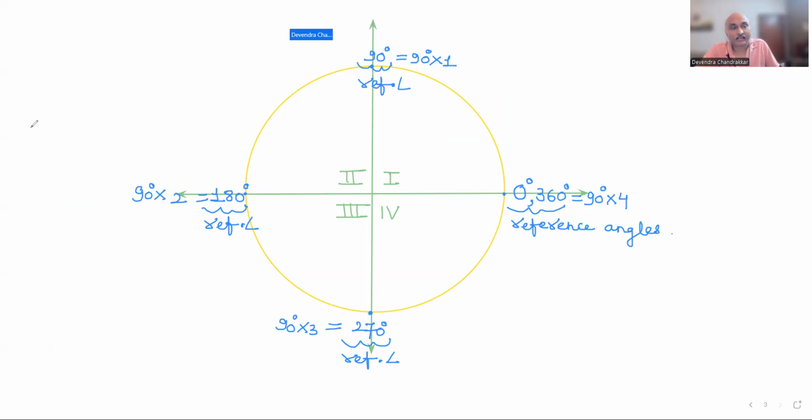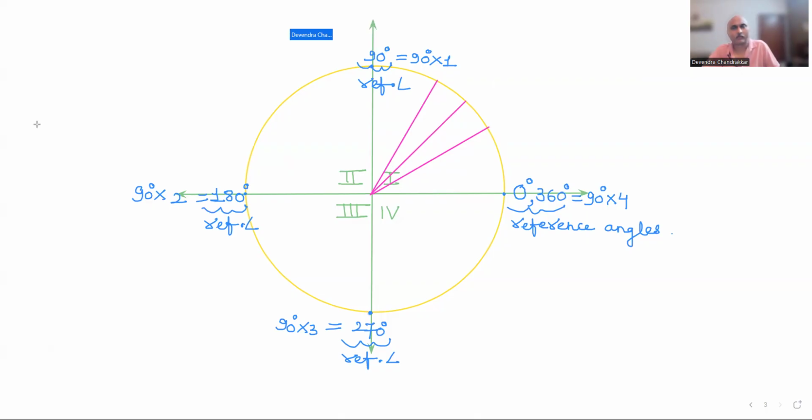Now, as there are reference angles, we have standard angles also. What are these standard angles? We divide this entire circle into sectors of 15 degrees each, and these angles are called standard angles. Why are they called standard angles? Because we will be using them very frequently in trigonometry.